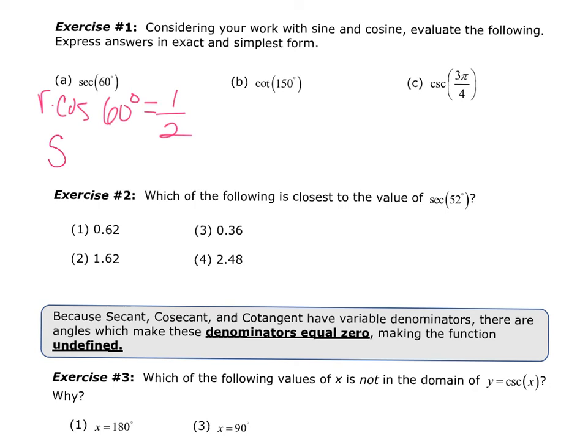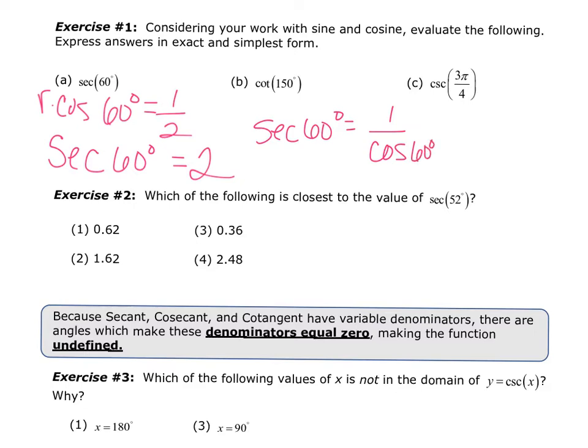So now I'm going to take the secant of that. All I'm doing is flipping it upside down, and it becomes 2 over 1, or just 2. Now, I'm just going to show this to you once for those of you who want to know. What I just showed you is the quickest way to do it. The definition, though, says that the secant of 60 degrees is equal to 1 over the cosine of 60 degrees.